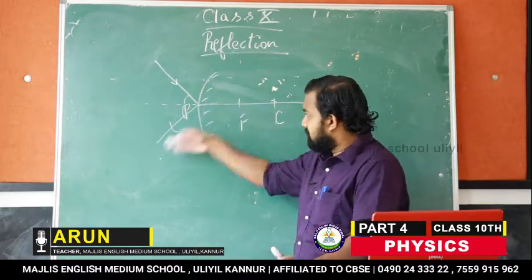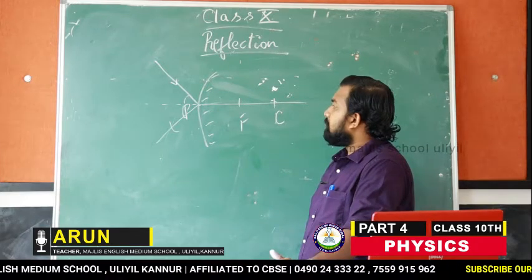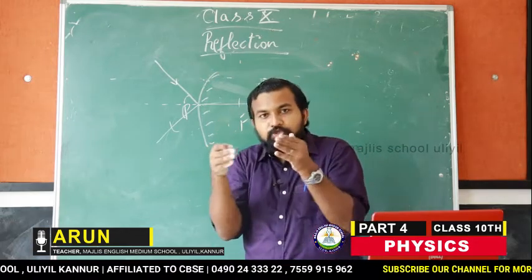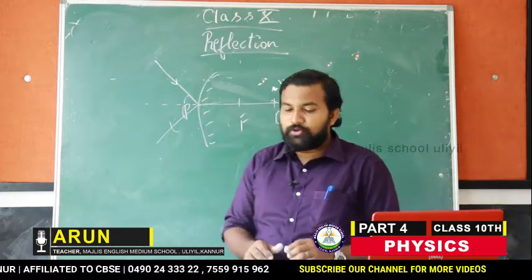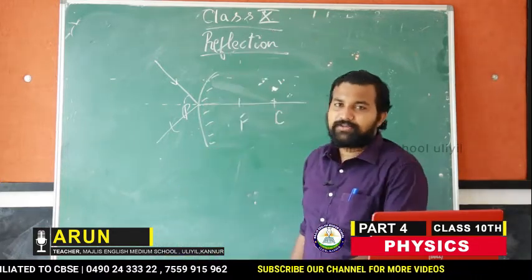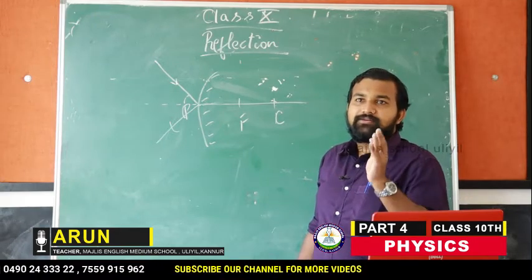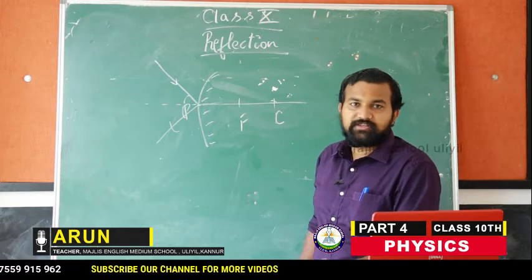This is coming like this, it diverges away. Okay. Converging means it will be coming together, but it is moving away. So it is diverging. Okay. So these are the 4 types of rays in case of convex mirrors. I hope it's clear. So be thorough with the types of rays in case of concave mirror and convex mirror.